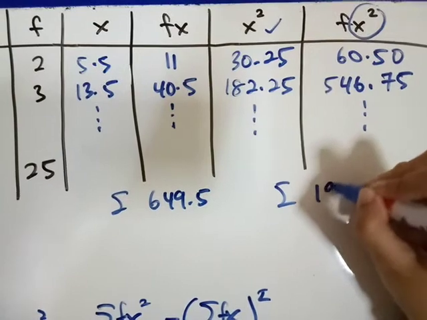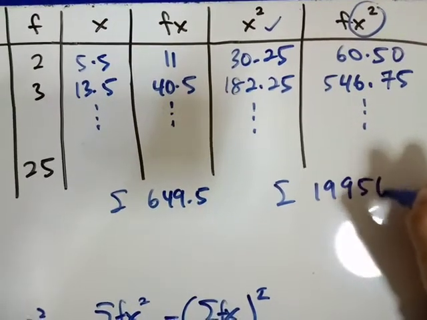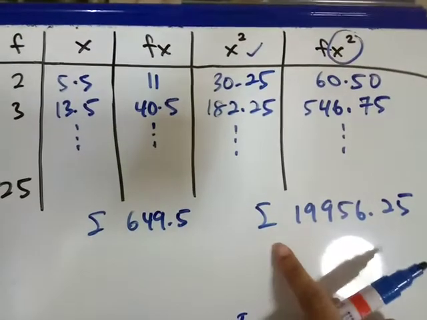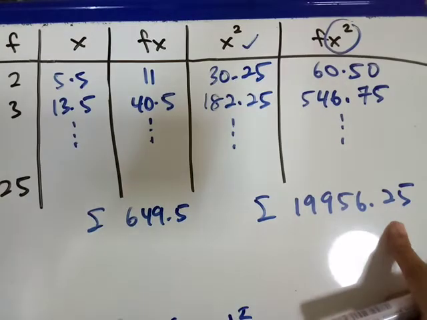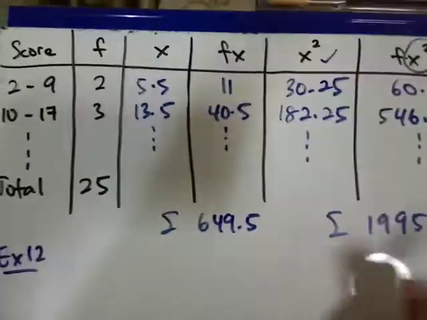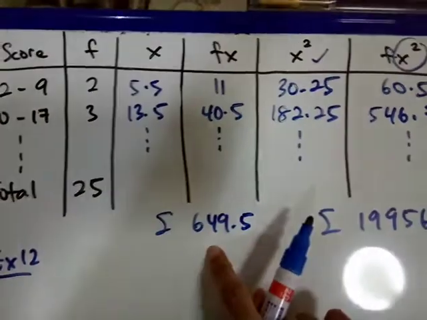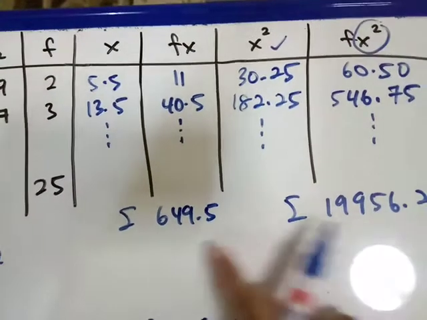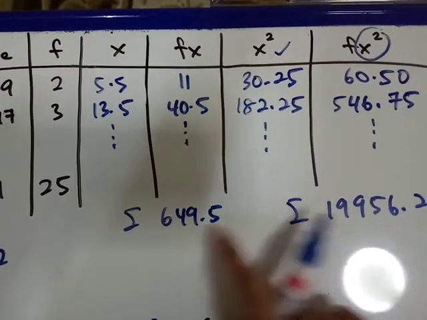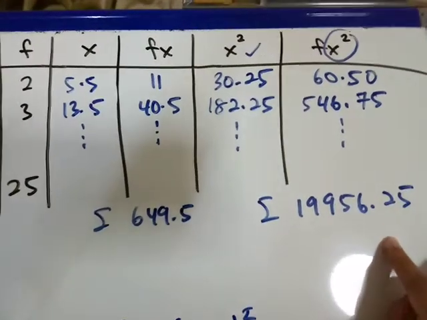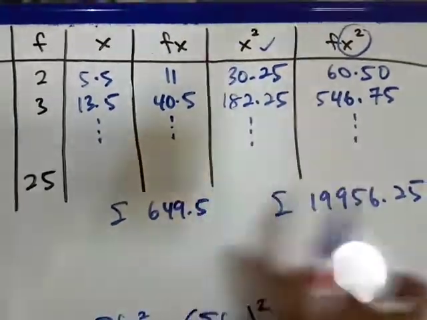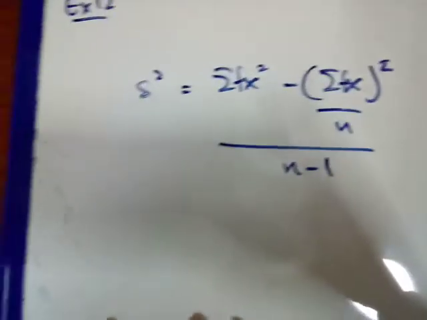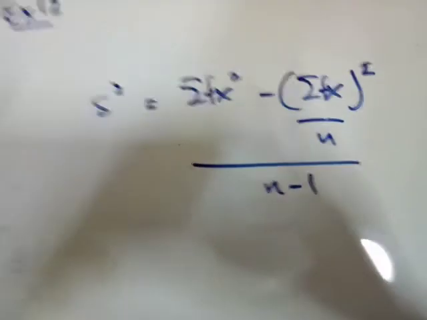The answer is 19956.25. Try calculating and see if you get 19956.25. Only fx and fx square need to be totalled up; the others don't need to be. After finding these values, then you can substitute into the formula.